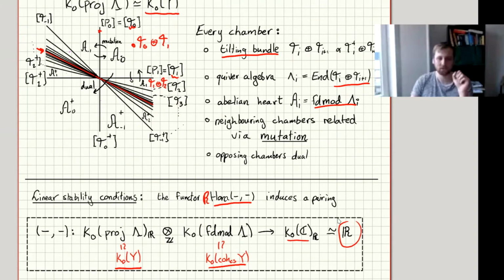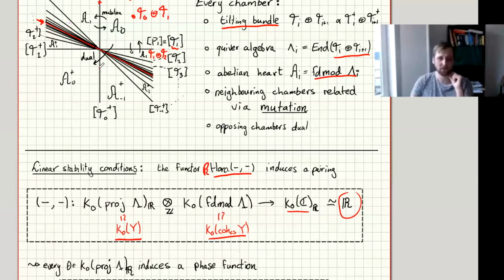So if we take any class in our K-theory, we get a linear map on the classes of the finite dimensional modules.